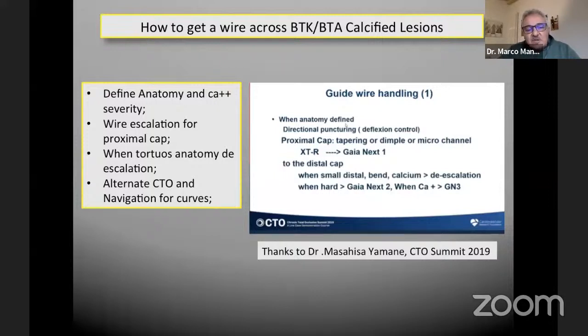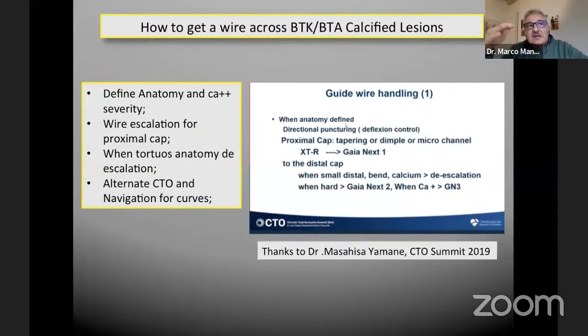So we try to analyze the anatomy and the calcium severity before starting, and then we try to use, step by step, a more aggressive wire, and of course using the more aggressive wire for the proximal cap.